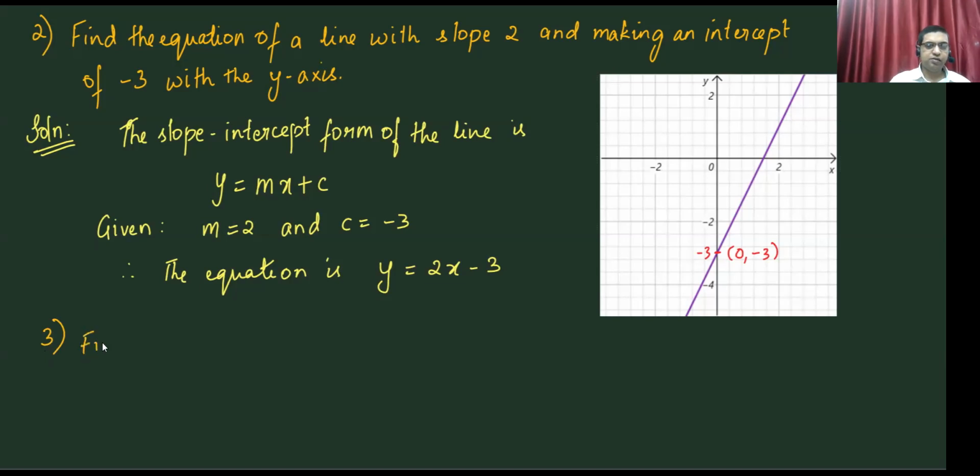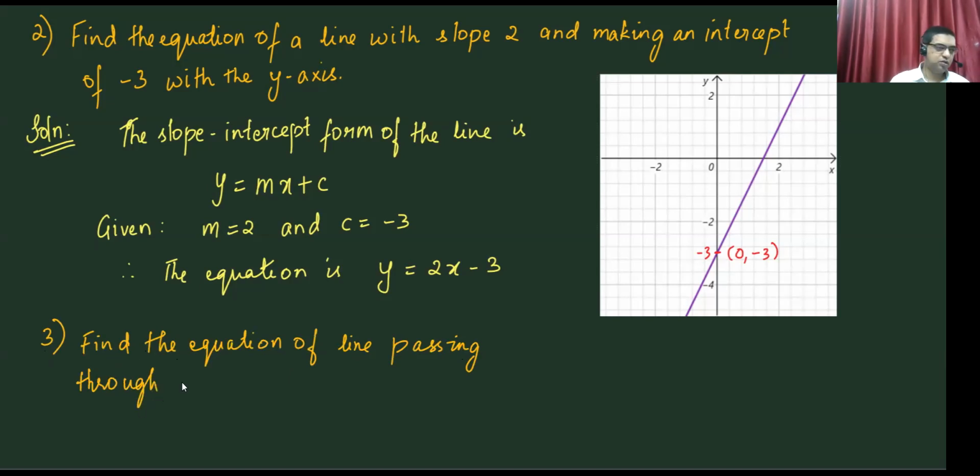Find the equation of a line passing through 2 points A (1, 2) and B (4, -2).